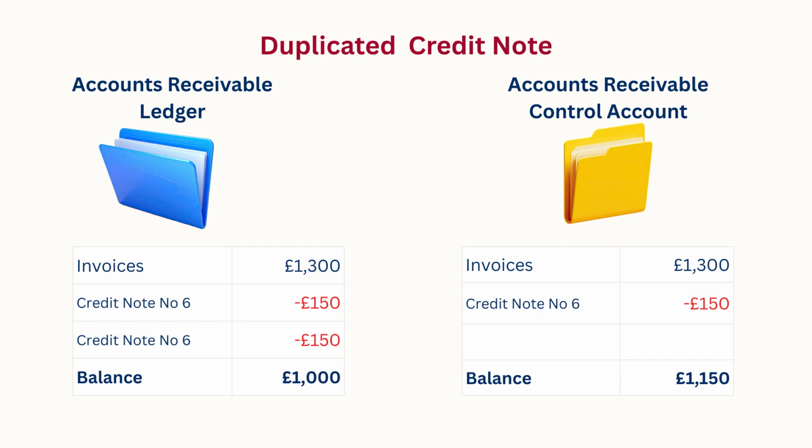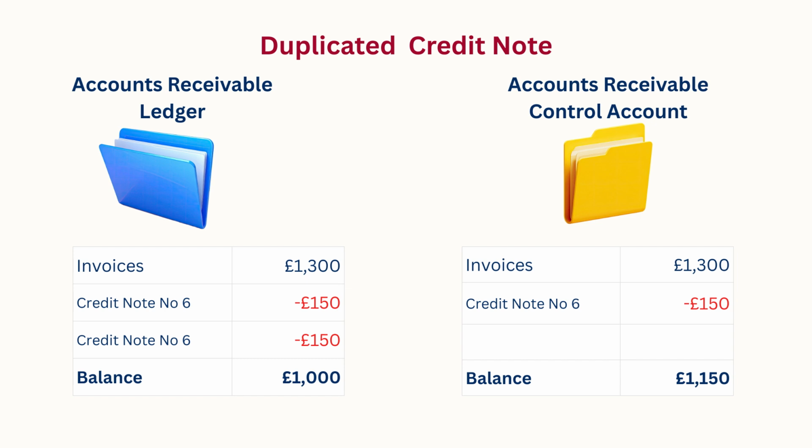The next type of error is credit note posted twice. In this example, a credit note for £150 has been issued, and it should reduce the customer's balance only once. However, in the Accounts Receivable Ledger, the credit note has been entered twice. Because a credit note reduces the amount owed, entering it twice means the ledger balance is reduced by £300 instead of the correct £150.